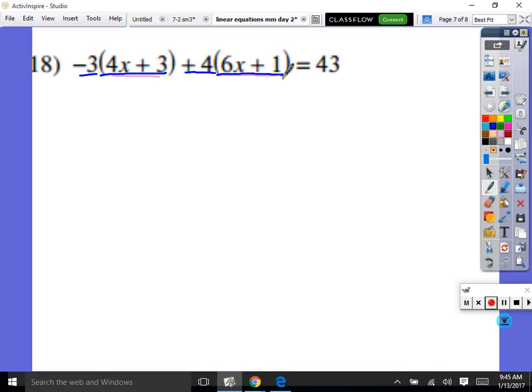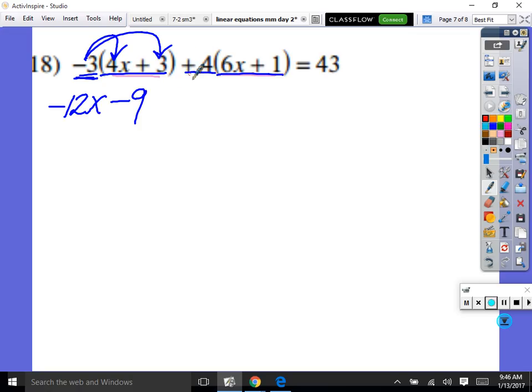Ready? Negative 3 times 4x is negative 12x. Now make sure you don't forget this. This is the most missed thing. This is also negative 3 times that plus 3. So negative 3 times positive 3 is negative 9. Now let's move on. I like to distribute, and you should too.